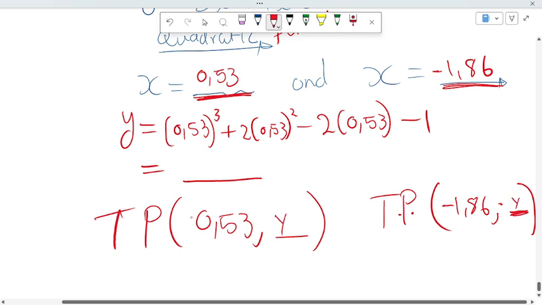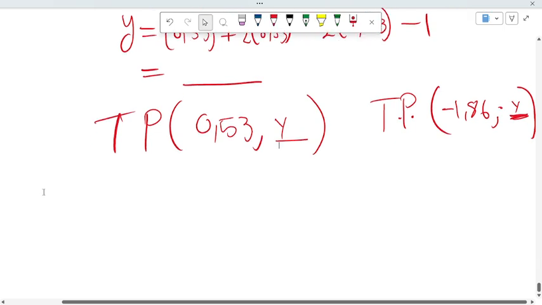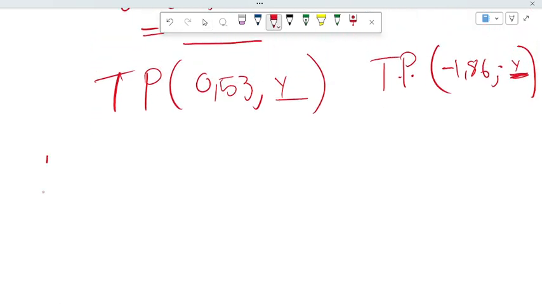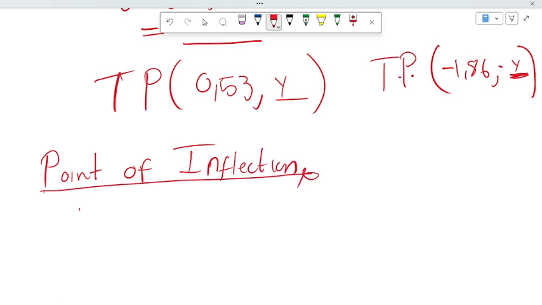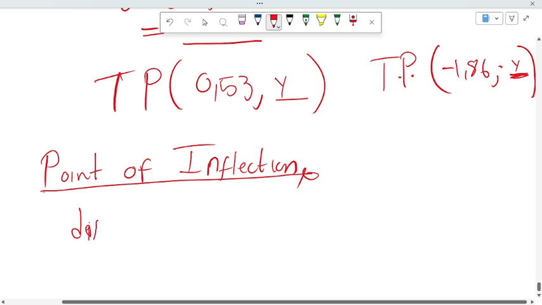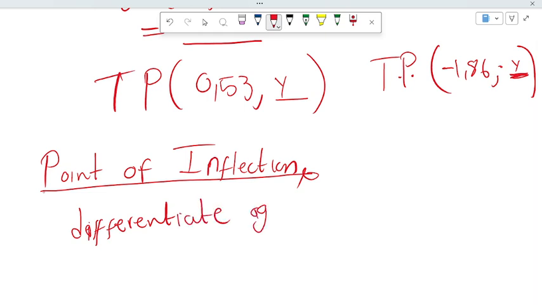And then to find the point of inflection, what you do is you differentiate again. What do I mean by again?